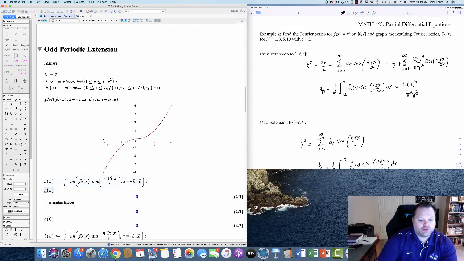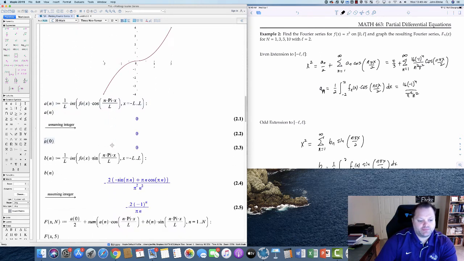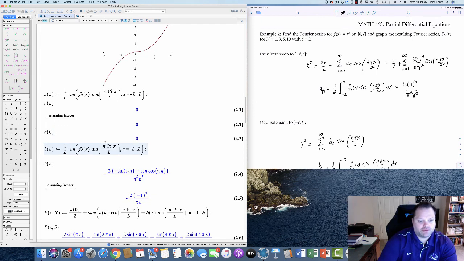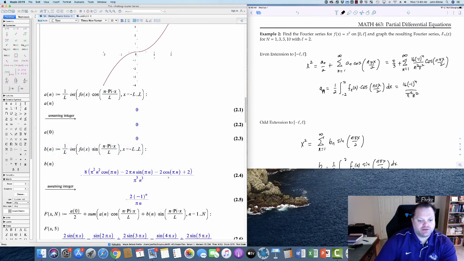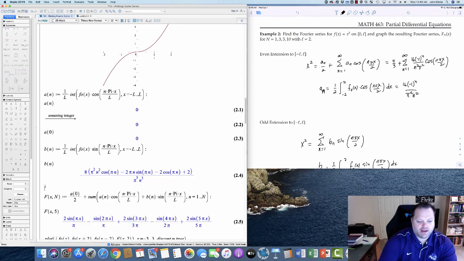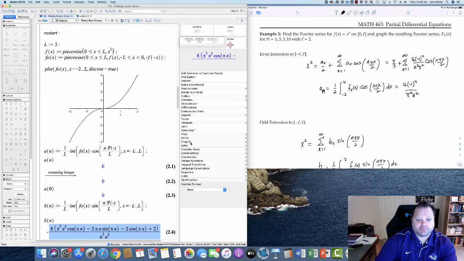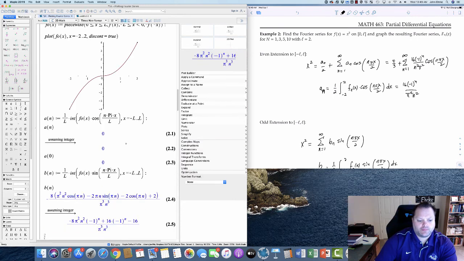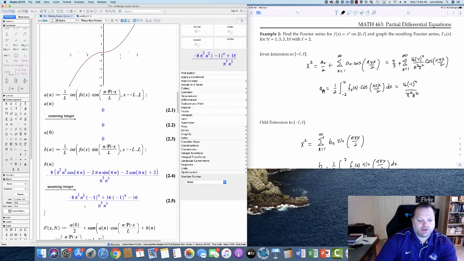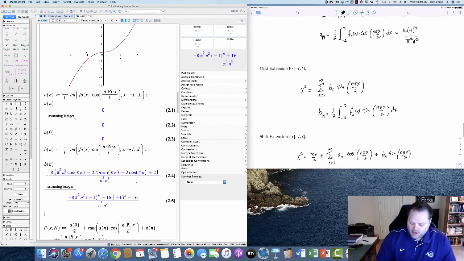So the a n coefficients, they still disappear. How about the b n's? Well, they're slightly different. And if I simplify this, we get something that looks quite a bit more difficult than the a n's did.